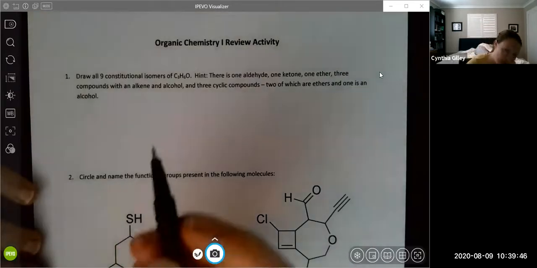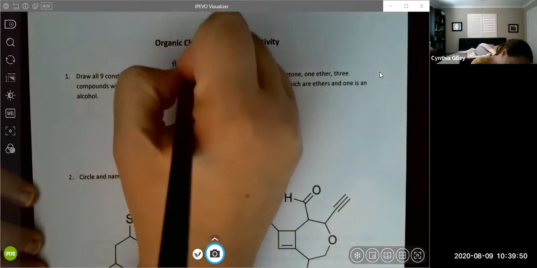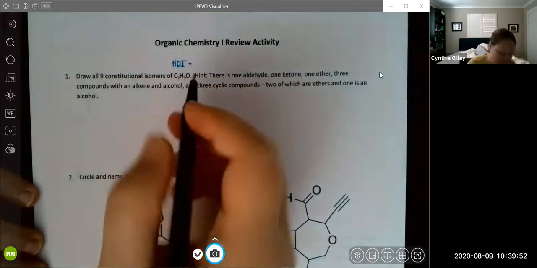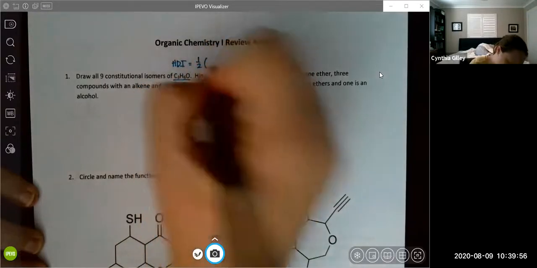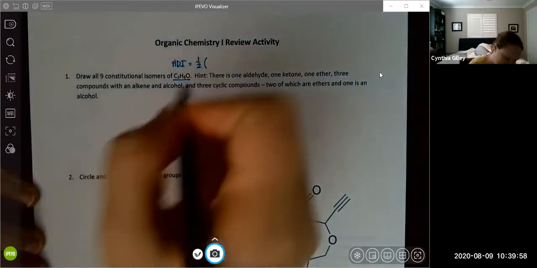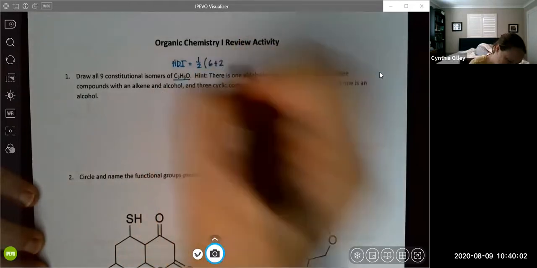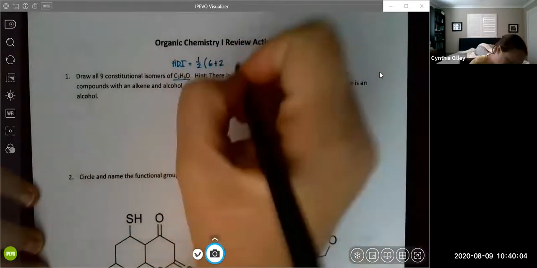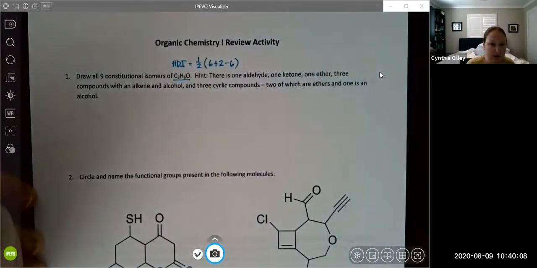If we do a calculation of the hydrogen deficiency index for this molecular formula, we would do 1/2 times 2 times the number of carbons, which, since there are 3 carbons, is 2 times 3, which is 6, plus 2 minus the number of hydrogens. Oxygens don't go into the formula.